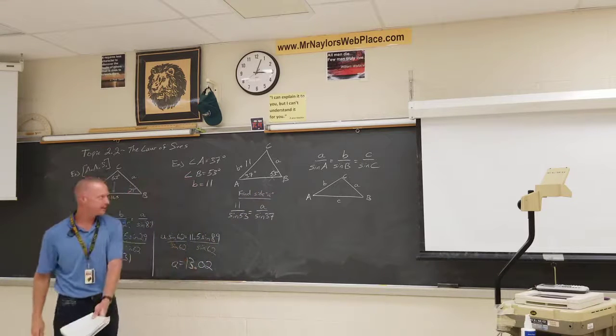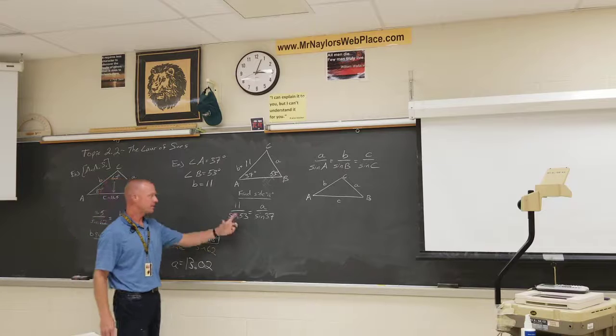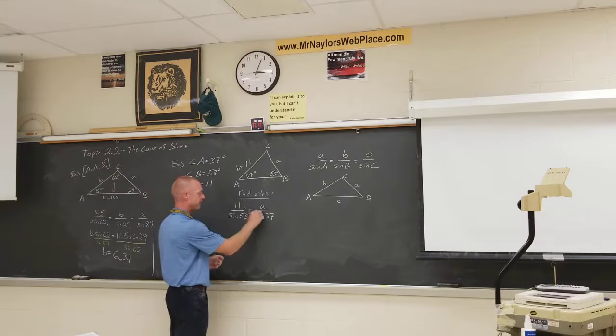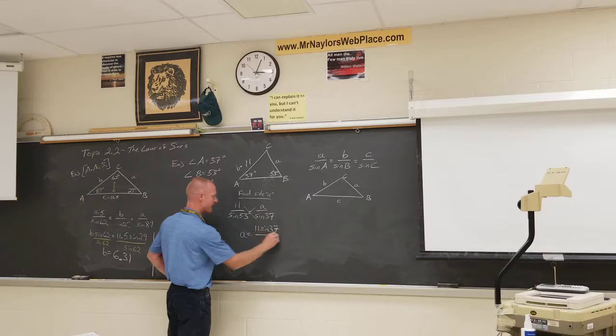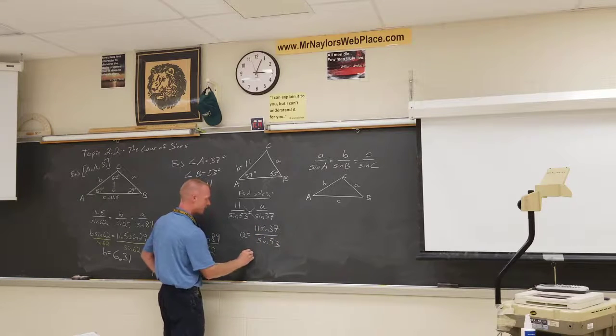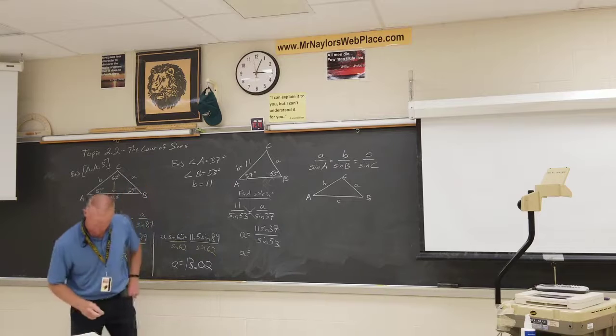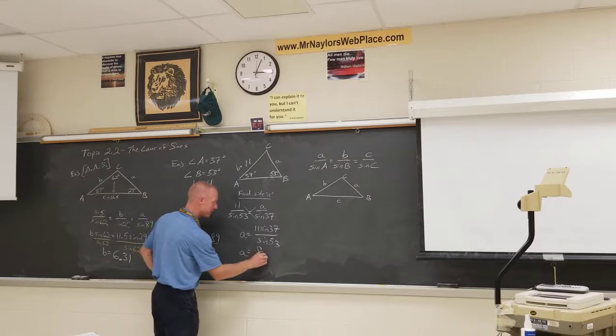If it's easier for you to see it with just one, again, same thing, you're going to cross multiply, and you're going to be able to get your A value. It's going to come out to be 11 times the sine of 37 divided by the sine of 53. Make sure you get that in your calculator. Looks like that side A comes out to be 8.29.